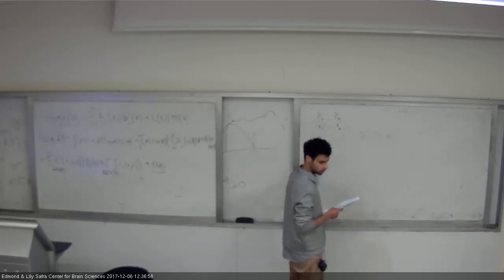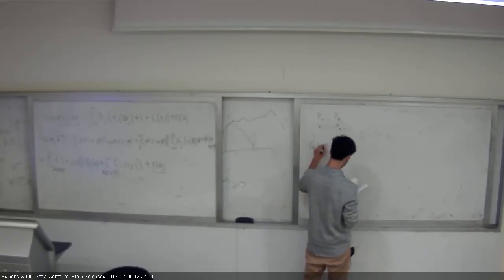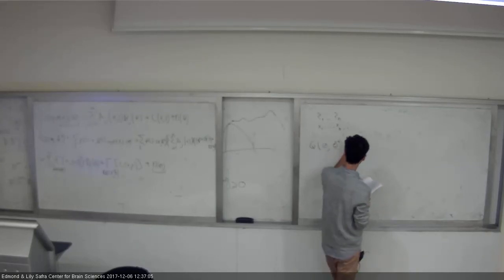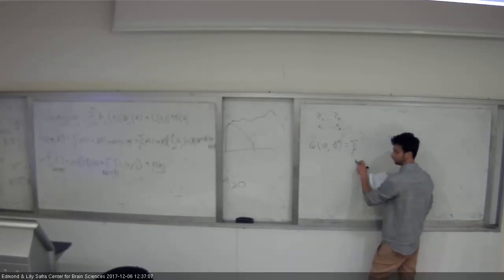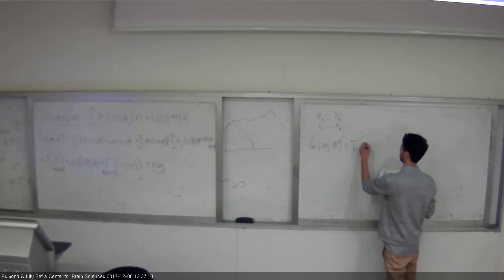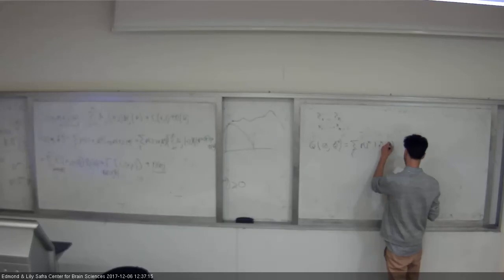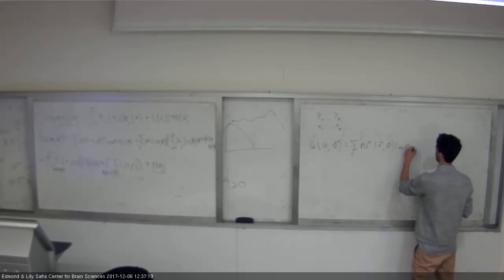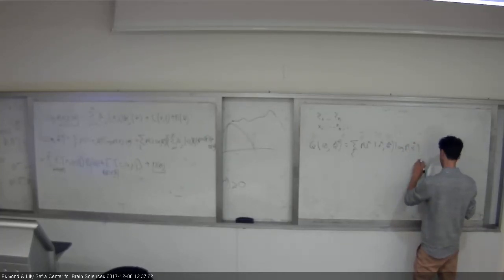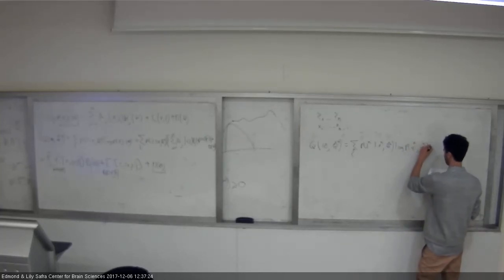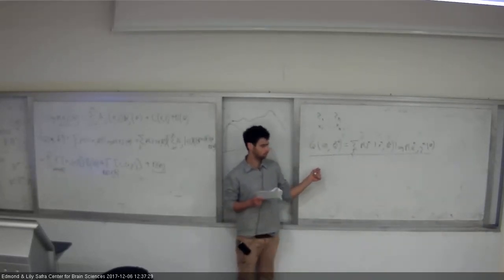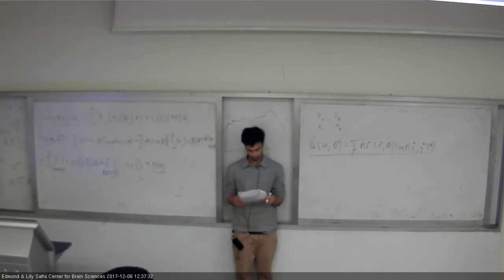So the Q function is Q of theta and theta hat at time t, the sum over all the Zn of P of Zn given Xn and theta hat t, times log P of Xn, Zn given theta. This is in general. Now we'll try to make it more simple.